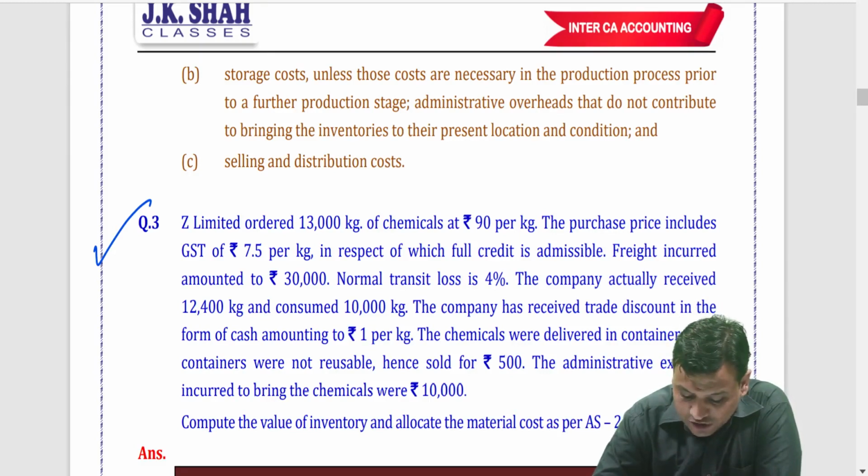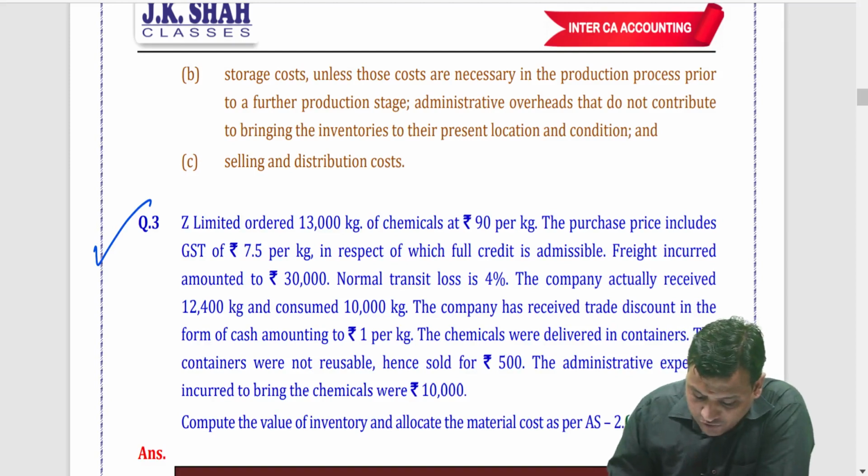Normal transit loss is 4%. The company actually received 12,400 and consumed 10,000 kg. The company has received trade discount in the form of cash amounting to 1 per kg. The chemicals were delivered in containers. The containers are not reusable, hence sold for 500. The admin expense incurred to bring the chemical was 10,000.